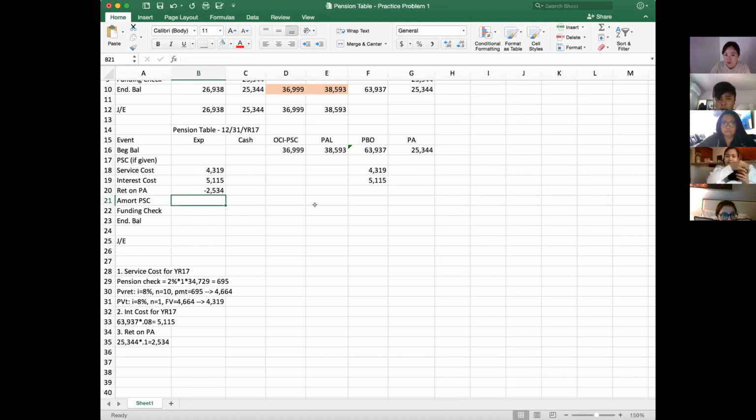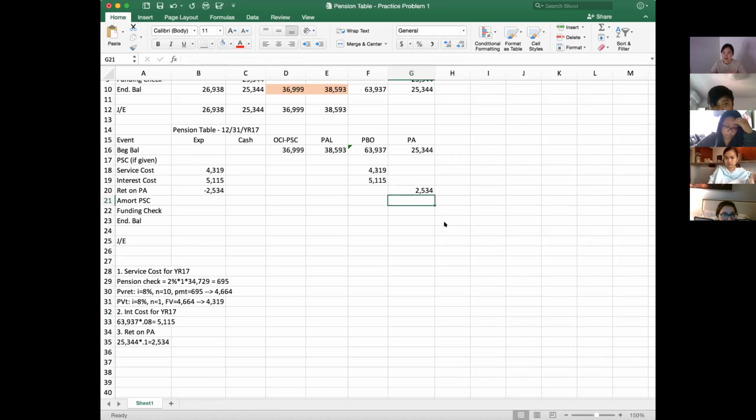Return on plan asset by the amount of 2,534 decreases pension expense, but what else does it affect? Plan asset, right? Your plan asset increases by the reinvestment return.